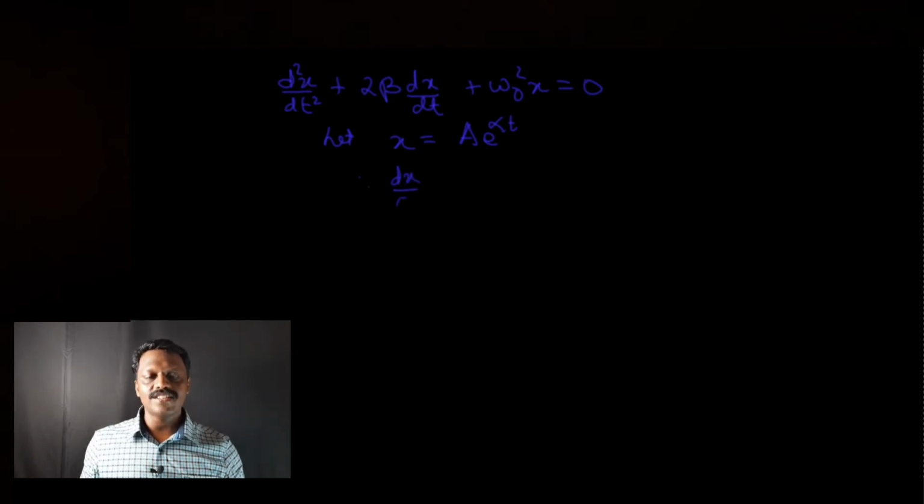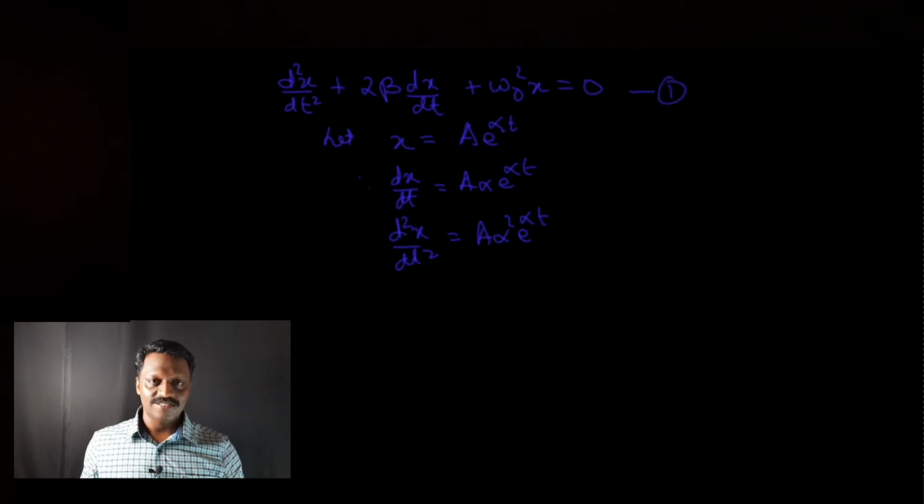So let us assume that x is equal to a e raised to alpha t be the solution. This is an assumption, we will be checking on that, where a is a constant and alpha is a variable. Since the equation has the first and second derivatives of x, we will find dx by dt as well as d squared x by dt squared.